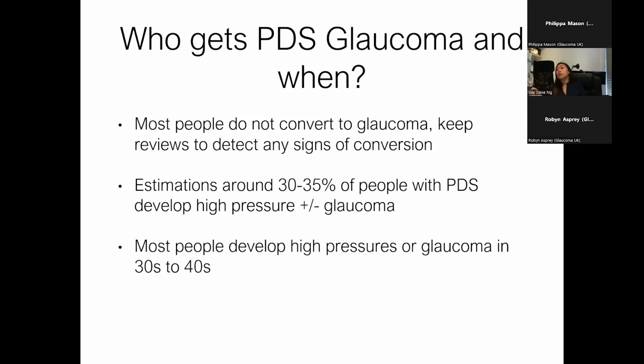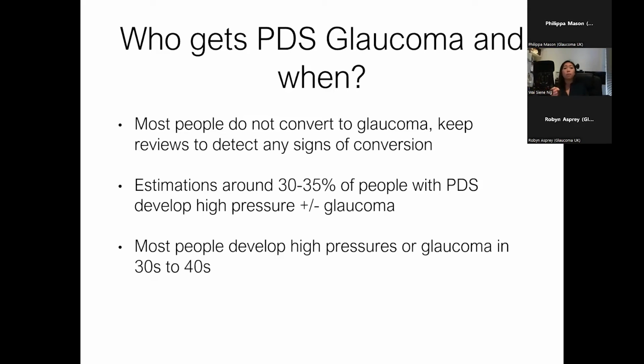And most of these people develop high pressures of glaucoma in their younger years of 30s to 40s, much younger than the normal glaucoma, which affects patients in their 6th or 7th decades usually. Now, this is worrying for us because it affects young people who are often very busy, working, bearing children, doing other activities.